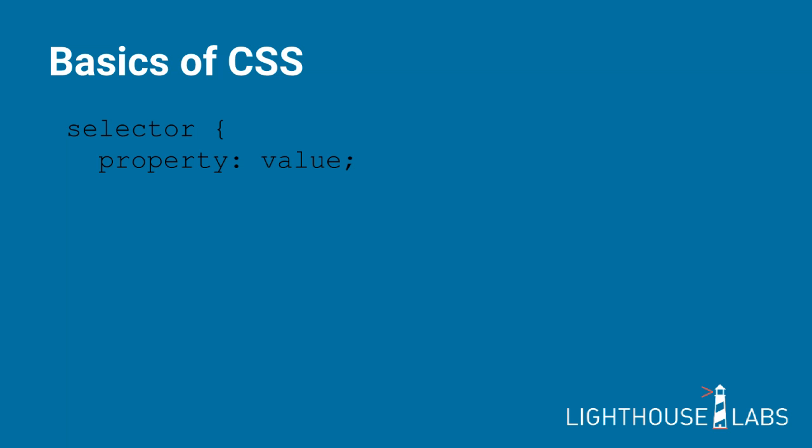But as with defining an HTML element, you have to be very mindful of opening and closing syntax. So here, we declare our selector. Let's tell the browser everything between these curly braces applies to that selector that we've defined up here. Then we list the various properties.